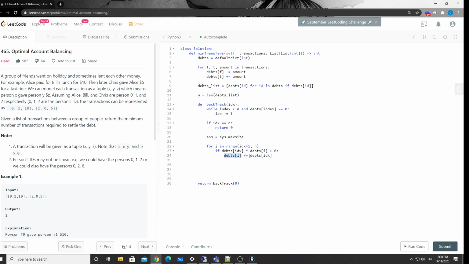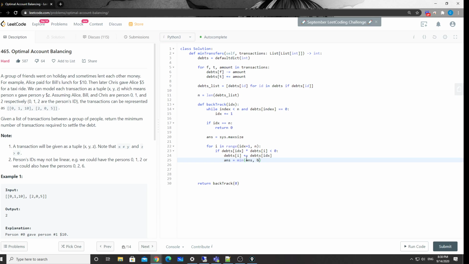The debts of I will become the debts of I plus the debts of index, because basically we're moving the amount from the debts of index to the debts of I. After that, the current index has already been settled, and we just need to look for the index plus 1 position.